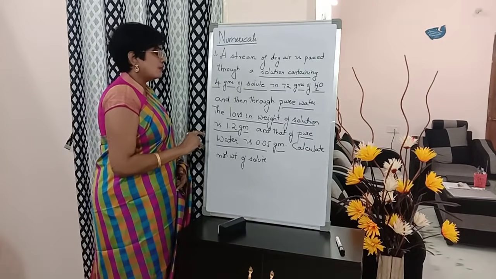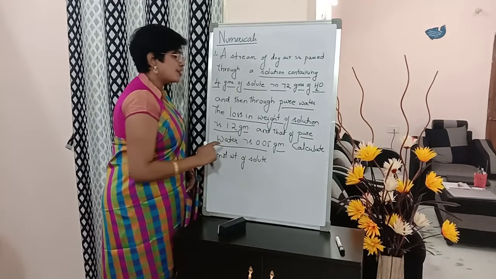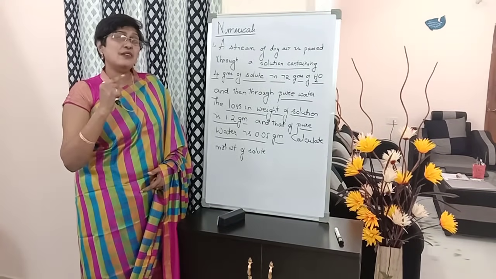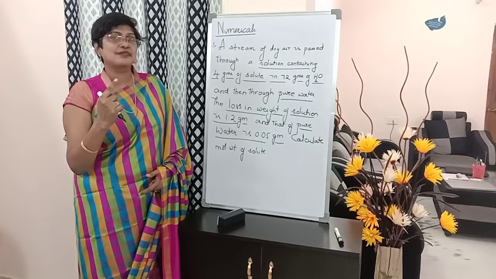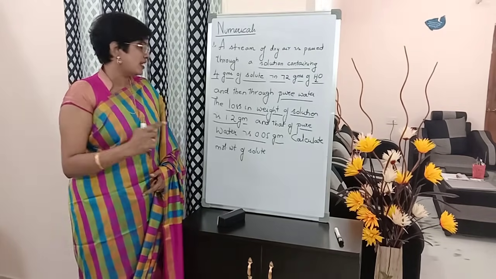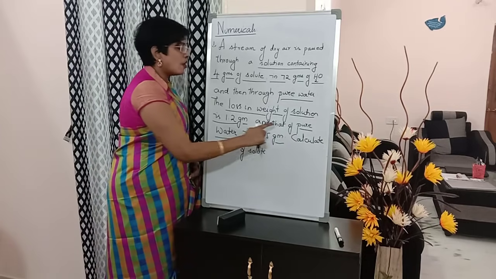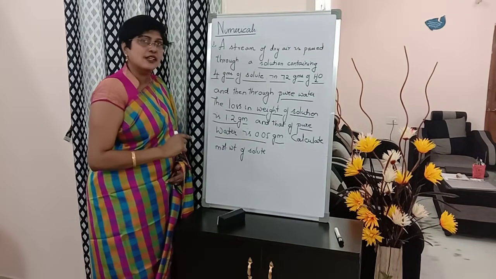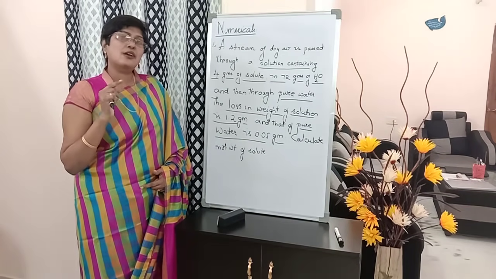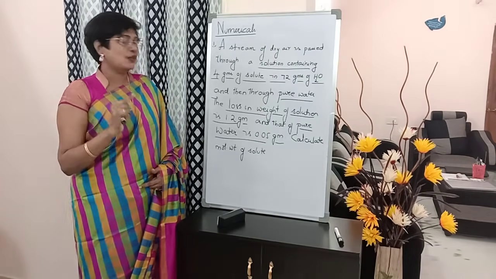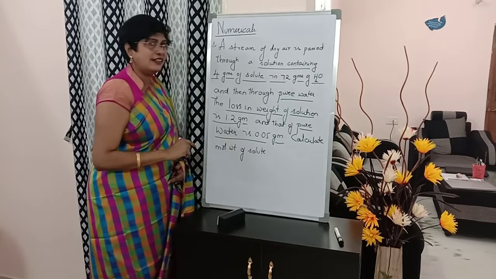Now, loss in weight of solution, or loss in weight of bulb A, in which the solution is taken, is how much, students? 1.2 grams. And loss in weight of pure water, or loss in weight of solvent, that is bulb B, is 0.05 grams.